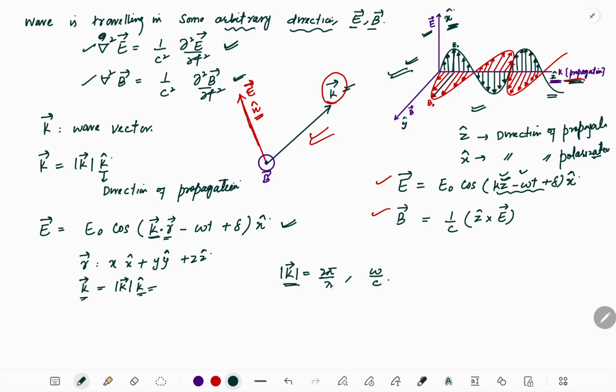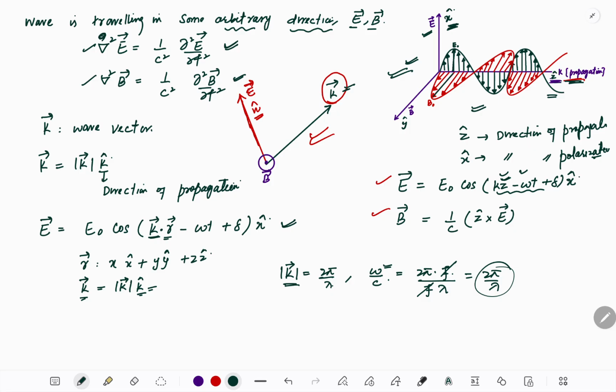Let's try to understand how it's omega by c. Omega is 2 pi times frequency, divided by c, and we can write c as frequency times wavelength. So the frequency will go, and it's 2 pi by lambda.